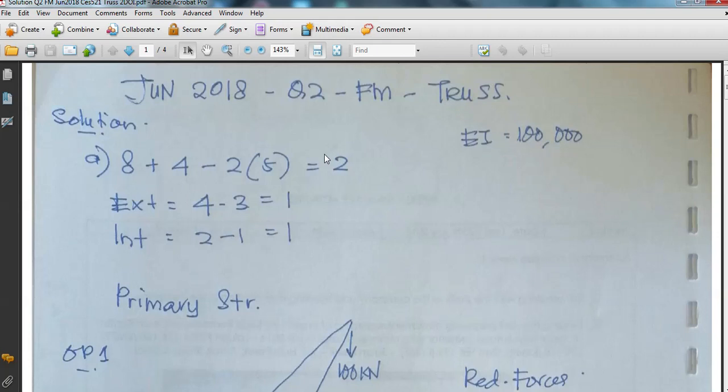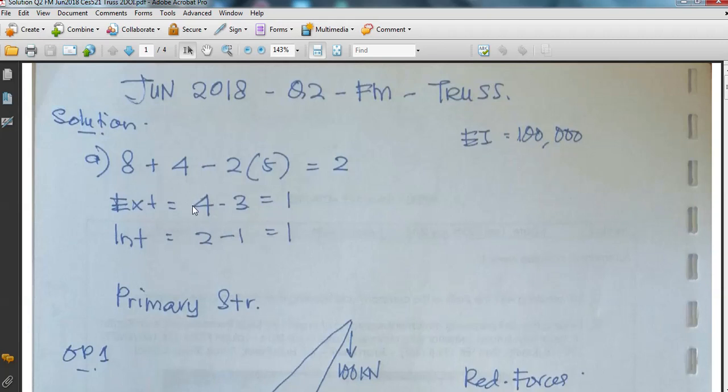When you have a DOI equal to 2 for a truss structure, you must classify this DOI whether under external DOI or internal DOI. First we determine the external DOI. How to determine the external DOI?